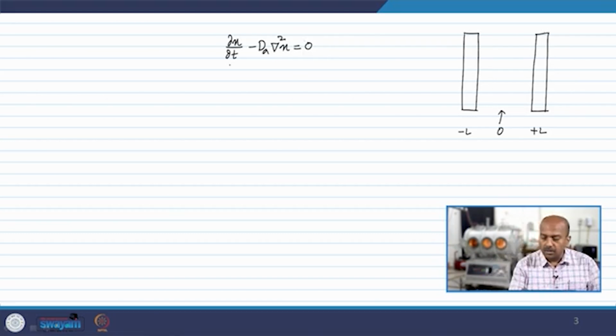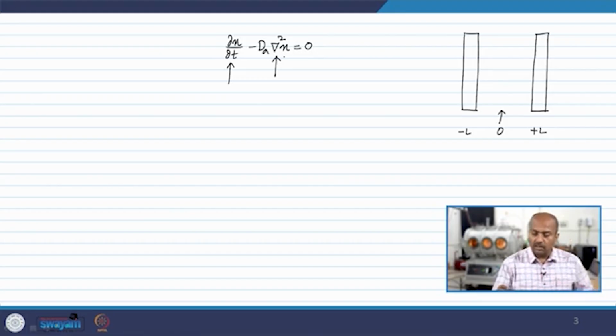right. So, this term is the variation with respect to time, the number density variation with respect to time, that is somehow related to the second order variation of number density with respect to space. So, this has all the dimensions in it, right.